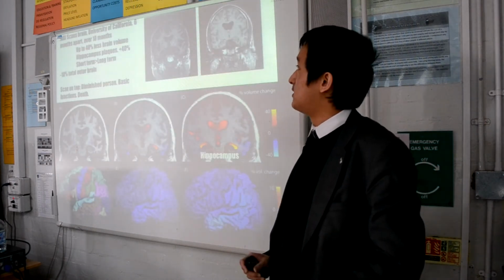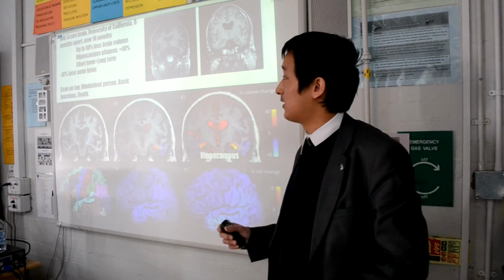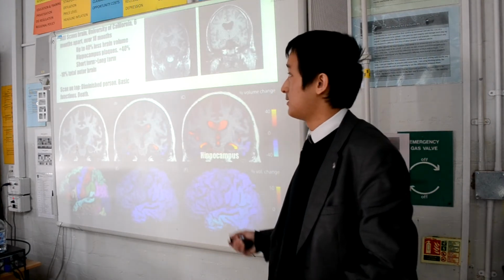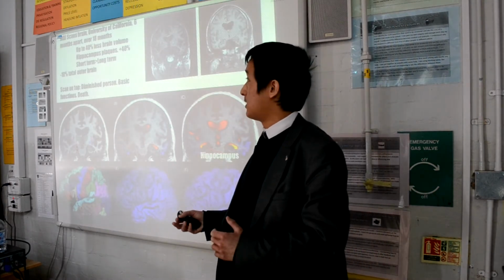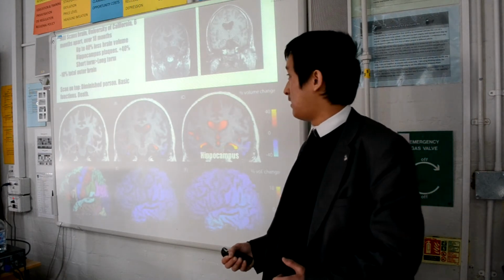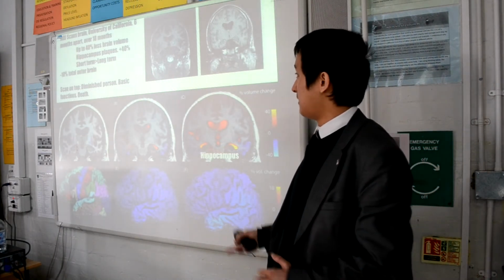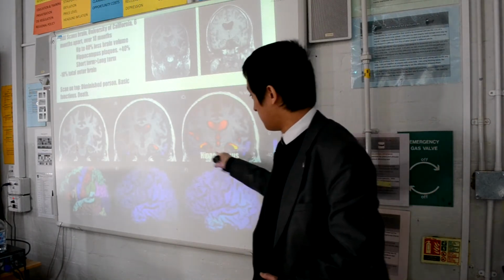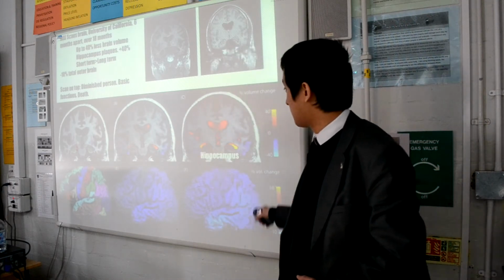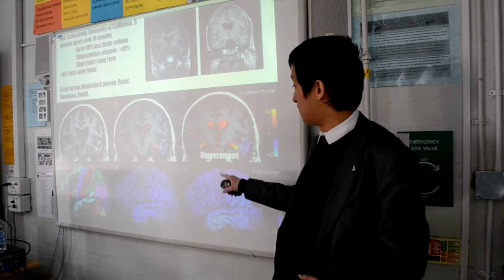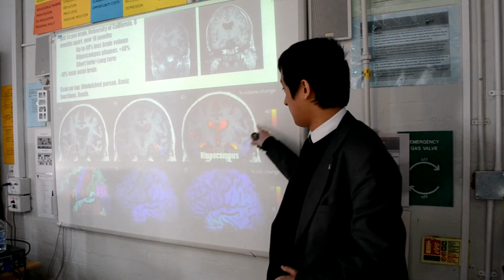The University of California did a study. They took MRI scans of a range of brains, 6 months apart for a period of 18 months. And they found out that there was up to 40% less brain volume in these blue areas over here, and that the hippocampus had actually increased in brain volume, maybe up to about 40%.